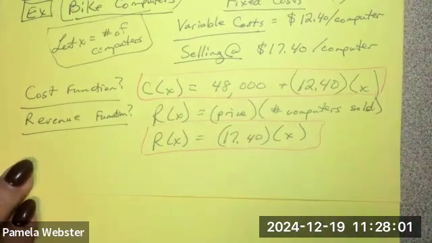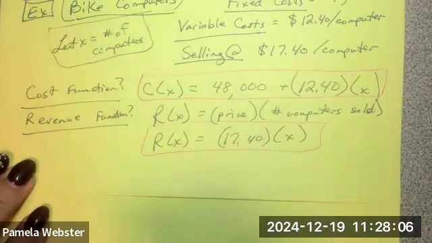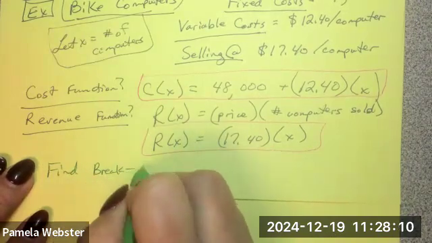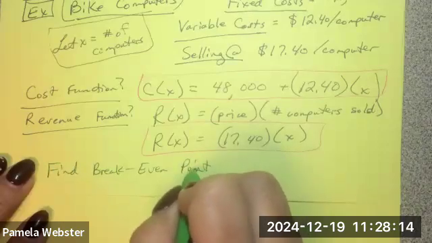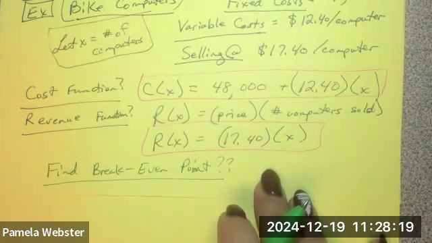The point of this problem is that they want me to find the break-even point. That's what the directions say, and that's what we need to focus on here. So, what does a break-even point mean?